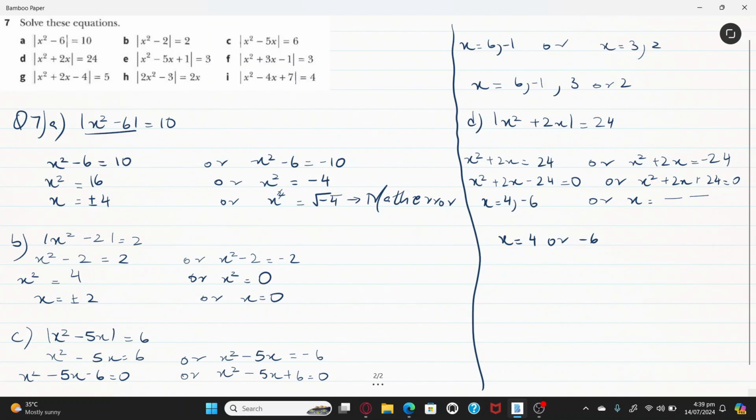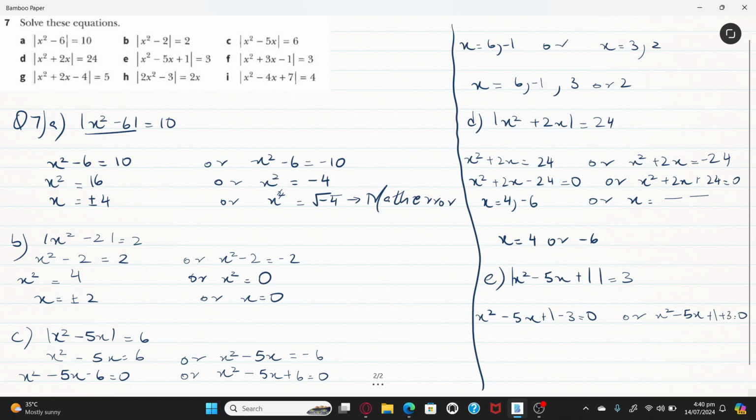Okay, part E. For part E, we have x squared minus 5x plus 1 equals 3 in a modulus. So what we're going to do is expand this up: x squared minus 5x plus 1 minus 3 equals 0, or x squared minus 5x plus 1 plus 3 equals 0.